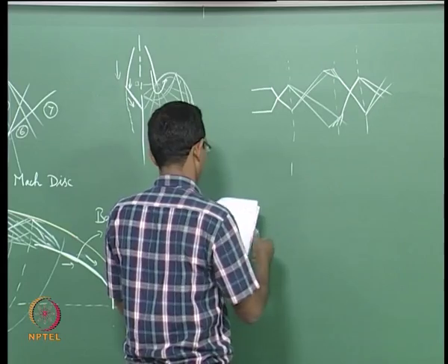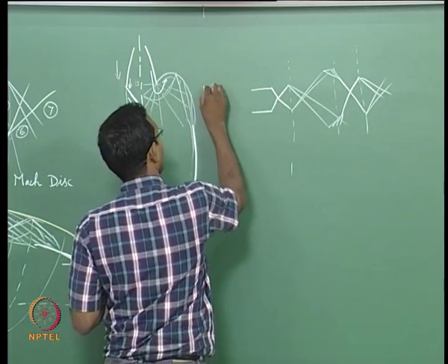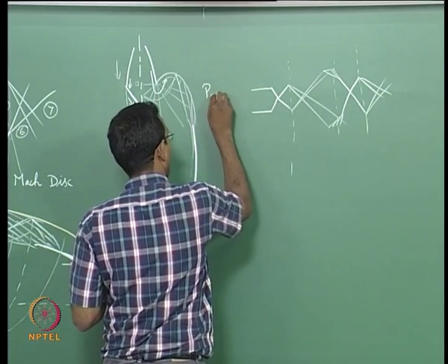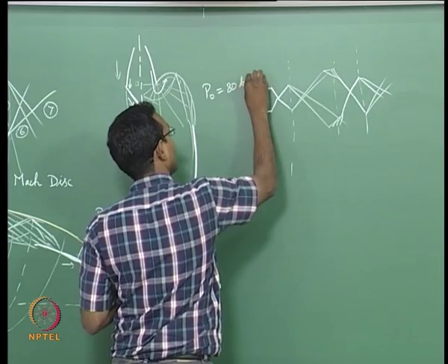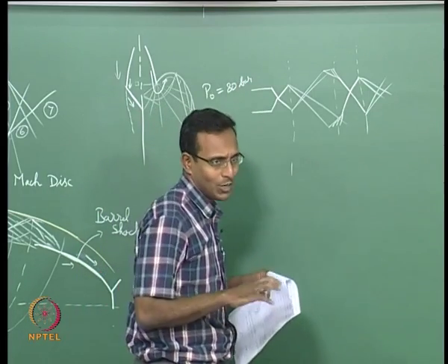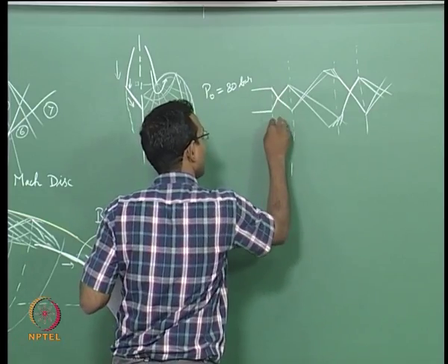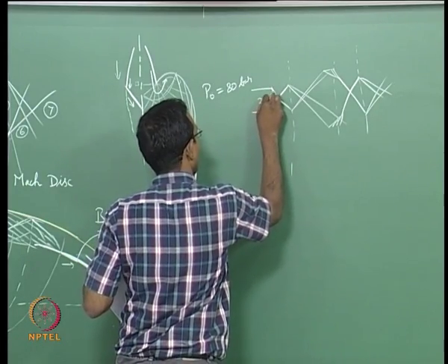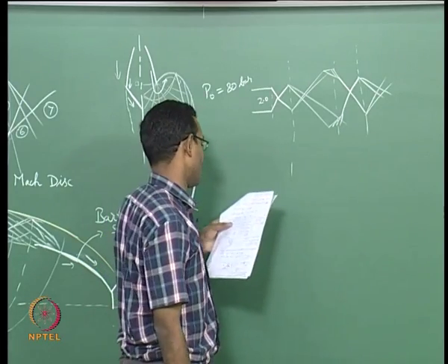let us just go through the thing, I do not want to talk too much. I am having a P naught of 80 bar, something close to what typical rockets had some time back, and I am having exit Mach number as 2.0. I am picking such a nozzle, exit Mach number is 2.0.